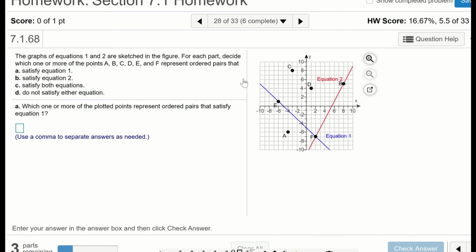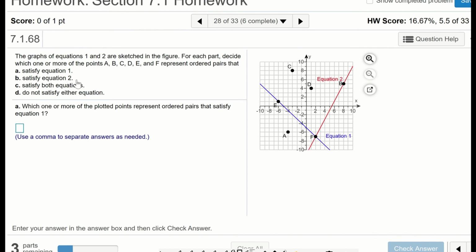Equation 1 is the blue one, right? So basically you have to find out which of those points are on the blue line, because remember, the solutions of a given equation are on the graph of that equation. So if you notice, the ones that satisfy equation 1, the blue one, would be F and E.